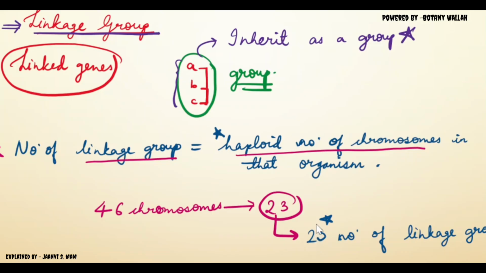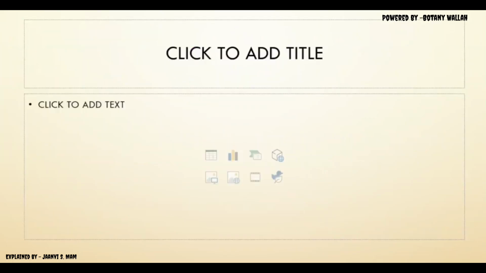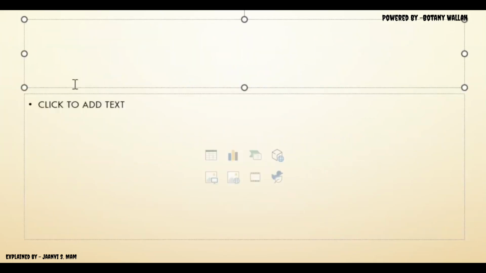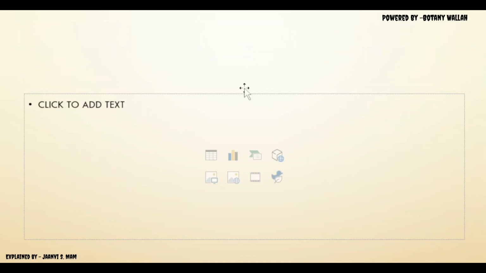Now suppose we speak about the garden pea plant, which has 14 chromosomes, meaning 7 pairs of chromosomes.